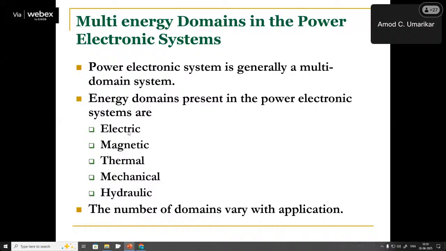Thermal is by default there, and magnetic and electric will be there in the power electronic system. These are the general energy domains present. Some other domain may also be there as per the application. So the number of domains changes with the application. That is the takeaway from this slide. But another takeaway is that the power electronic system is a multi-domain system.